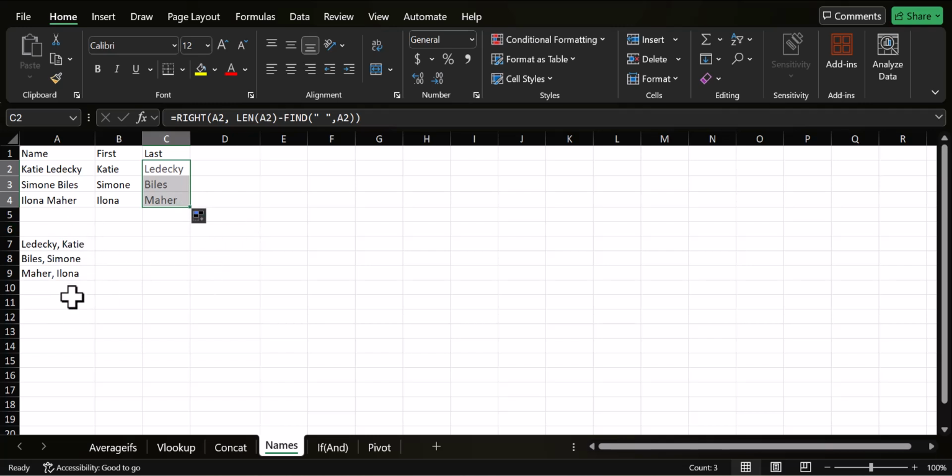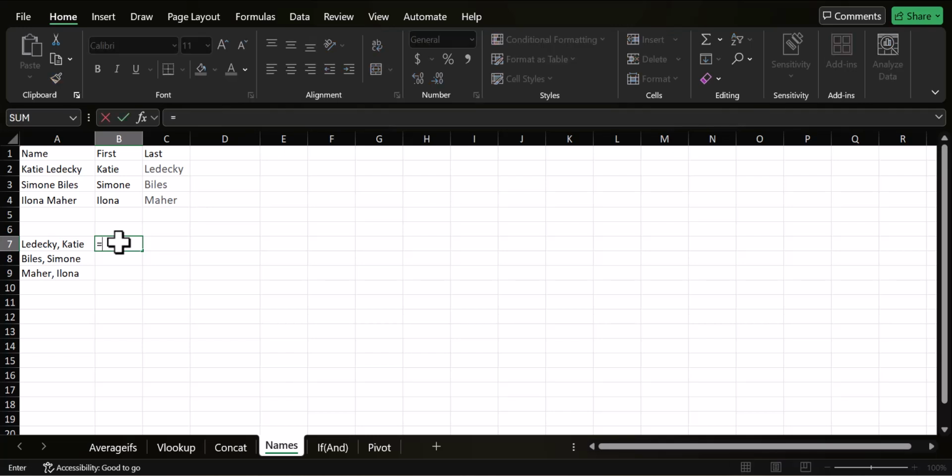But what if your names are like this? What if they're separated by something other than just a space, or if they're in the opposite order? So in this way, we're going to look for the first name when it's in last name, first name. We're going to look to the right of our separator, because right-hand side, left-hand side. And this one is going to look similar to this function.